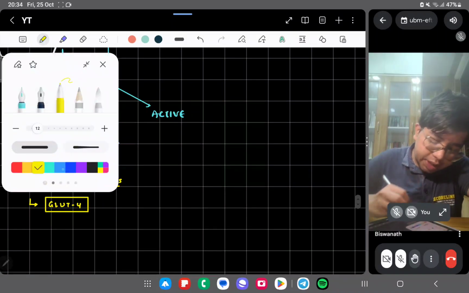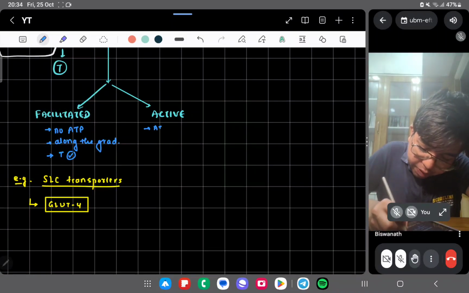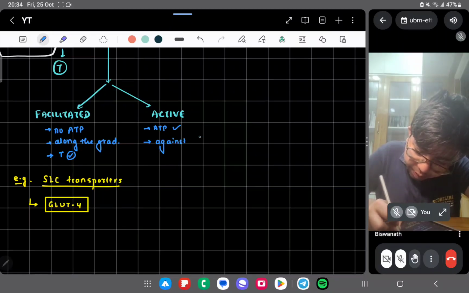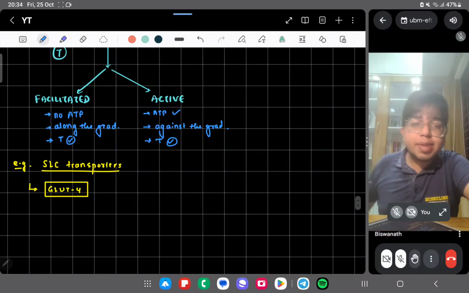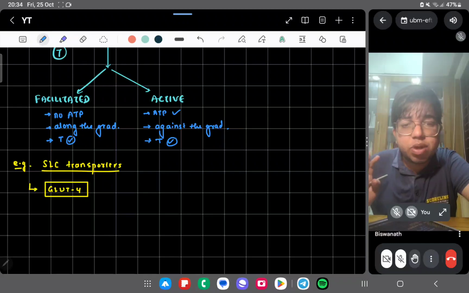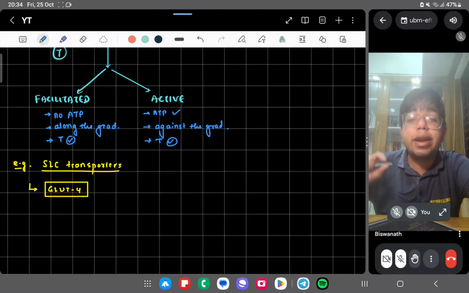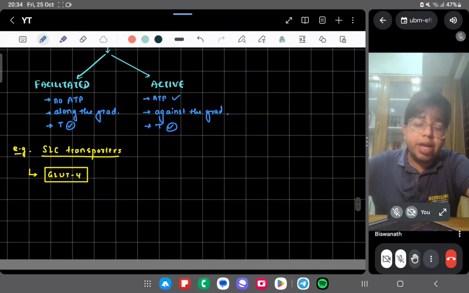Active transport means, as you all know, ATP will be required, against the gradient, and a transporter obviously will be used, right? We have something called the ABC transporter. The ABC transporter is an ATPase linked transporter.